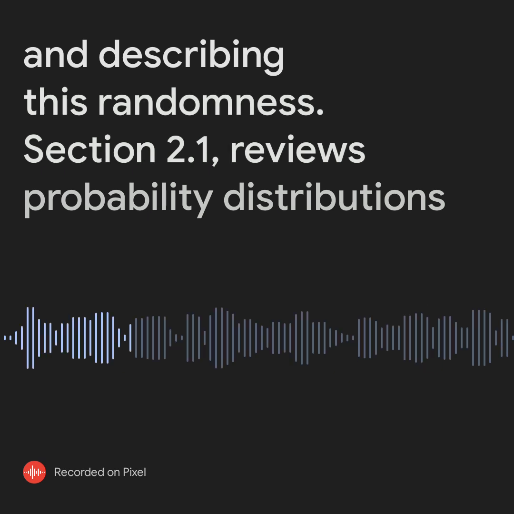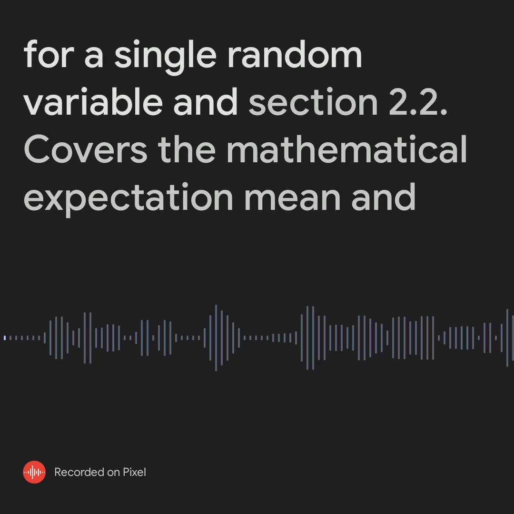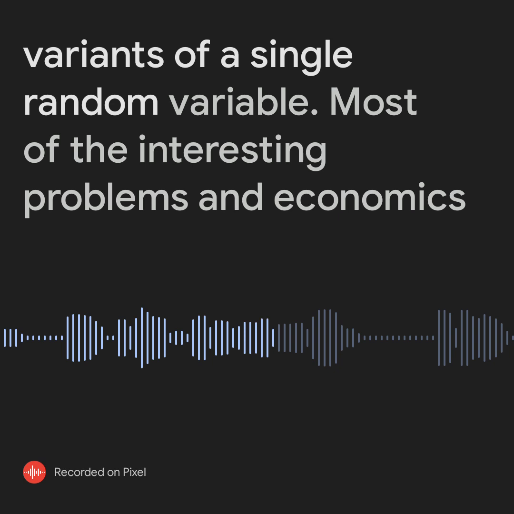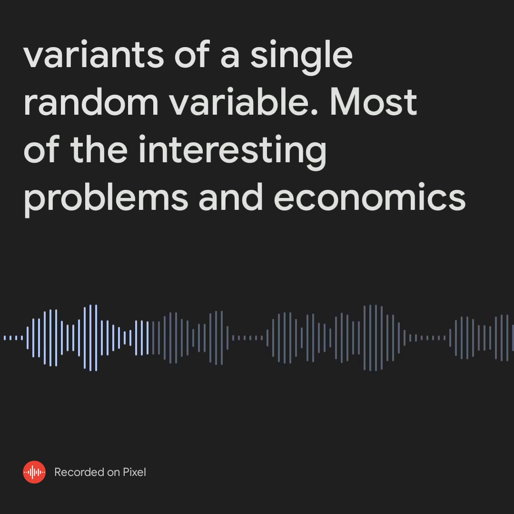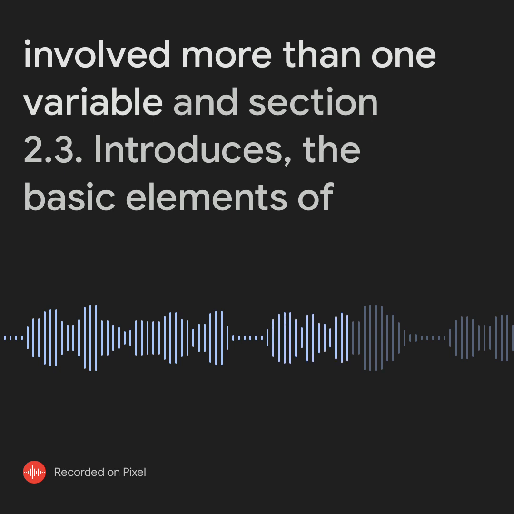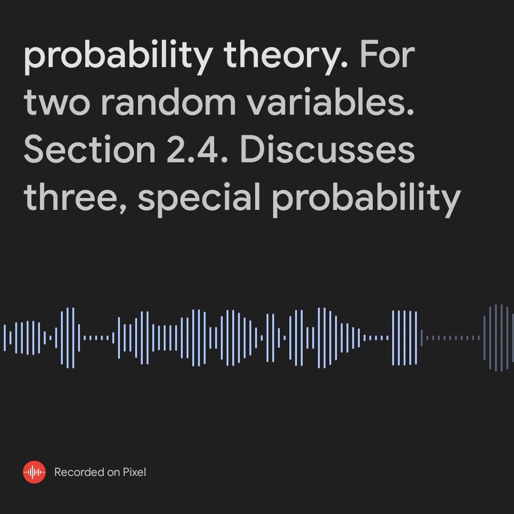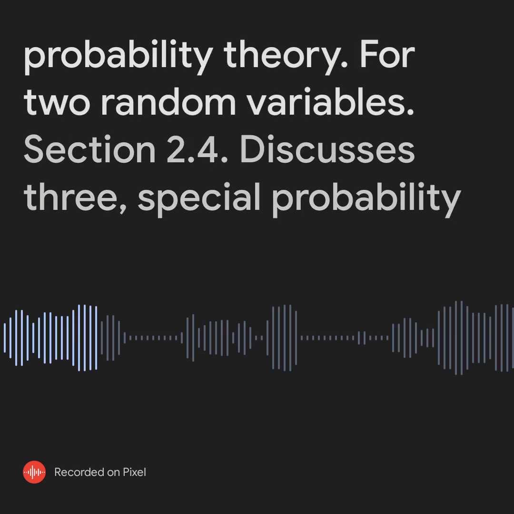Section 2.1 reviews probability distributions for a single random variable, and Section 2.2 covers the mathematical expectation, mean, and variance of a single random variable. Most of the interesting problems in economics involve more than one variable, and Section 2.3 introduces the basic elements of probability theory for two random variables.